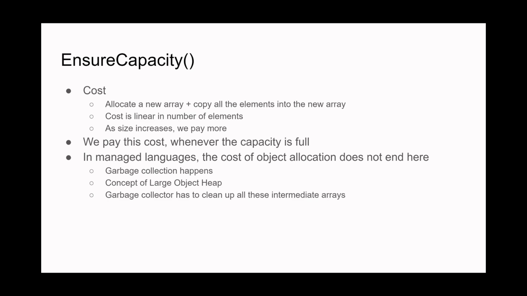To allocate n elements, you have to pay some cost that is proportional to n elements, and of course copying n elements takes order of n time, and as it goes without saying, as the size increases, we start paying more cost. And when do we pay this? We only pay when the capacity is full. So which means that we have to think about how many times this resizing is happening.